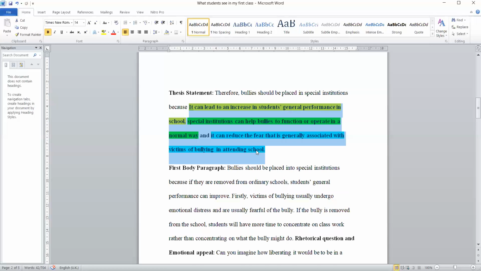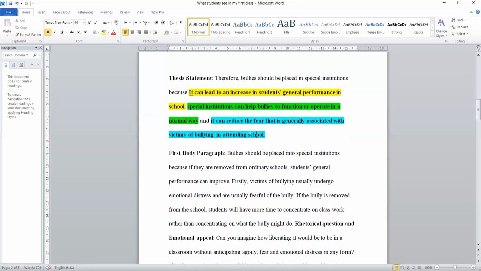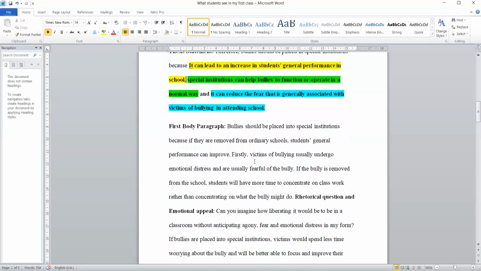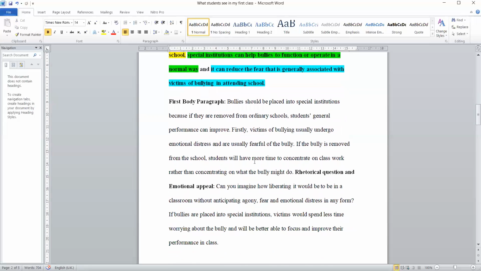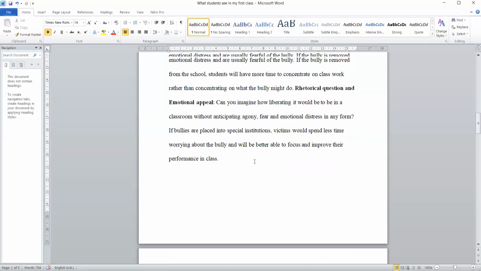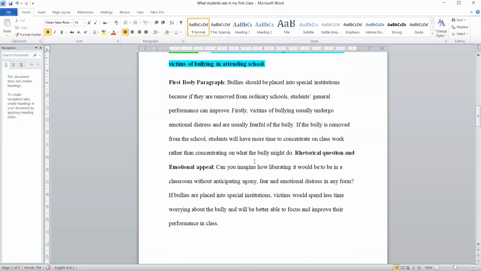I separated the points in my thesis statement: the first in yellow, the second in green, and the final point in blue. For my first body paragraph, I started with the one in yellow. And I edited the first and second body paragraphs. I made some small additions to it.